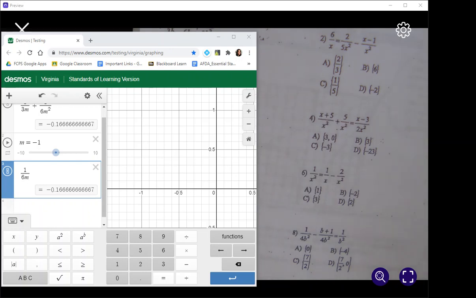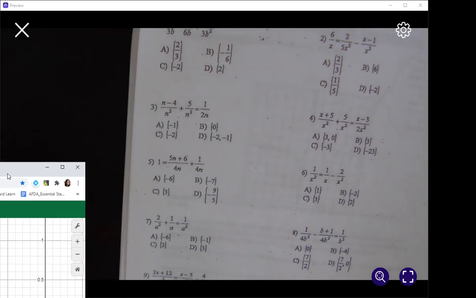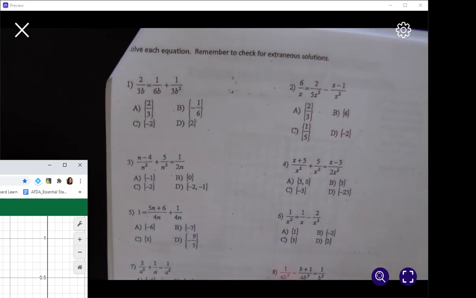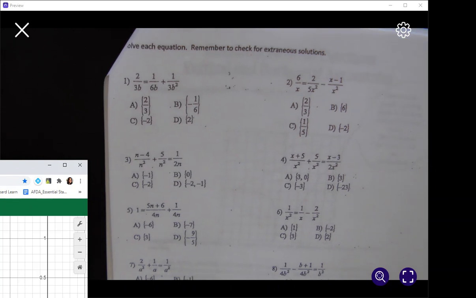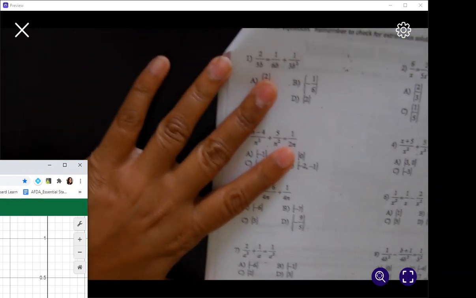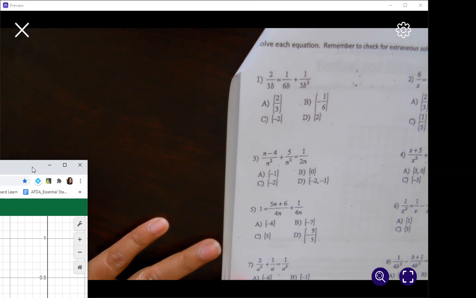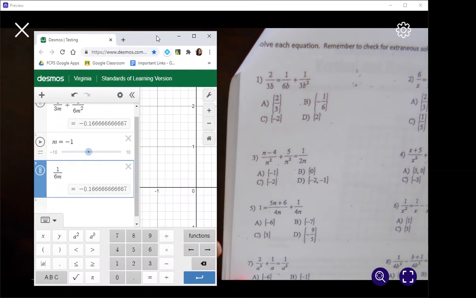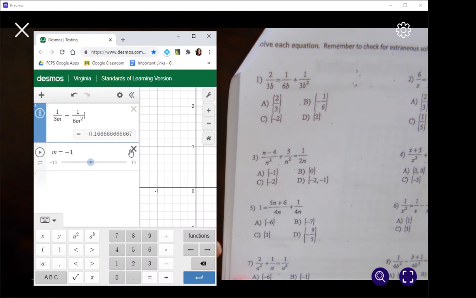Okay, so on the next page here, we have some multiple choice question equations for you, and we do have some choices. So if you like graphing it on Desmos, you can do it that way, that's fine. But just remember that when you're graphing, you need to make sure to use x.